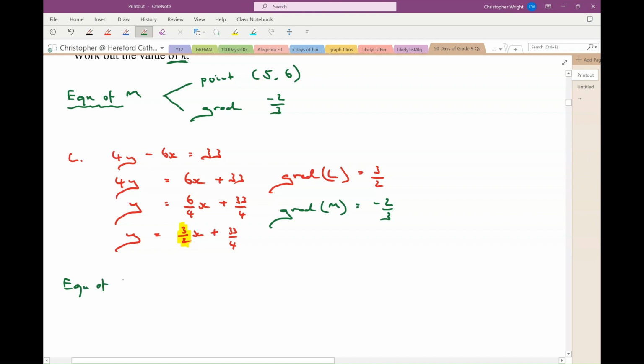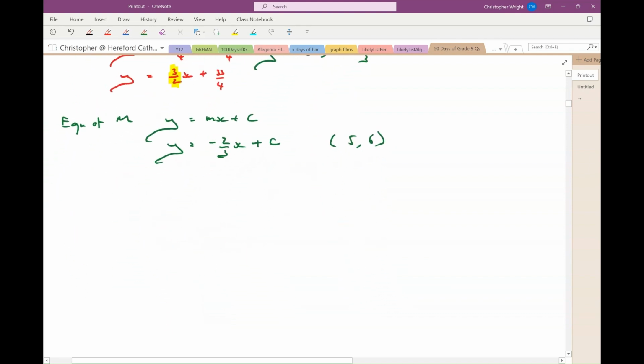Equation of M. Right, I know it's going to be y equals mx plus c, and I know that little m there is the gradient, so it's going to be y equals minus 2/3 x plus c. And now I use the fact that a point on the line is 5, 6. So I know that when x is 5, y has to be 6. So 6 has to equal minus 2/3 times 5 plus c.